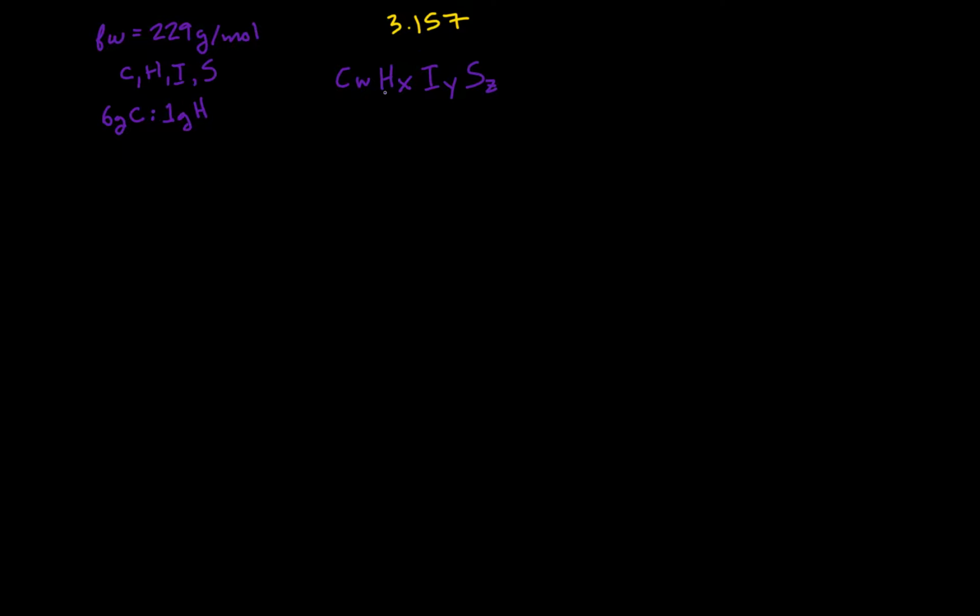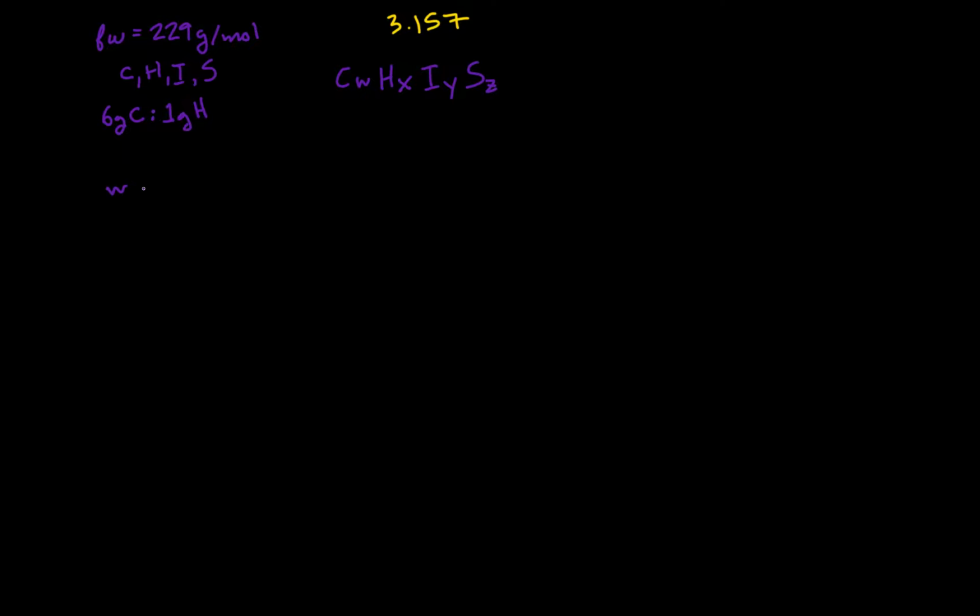This is equal to saying that W times the formula weight of carbon, plus X times the formula weight of hydrogen, and so on for the rest, is going to be equal to the formula weight of the whole molecule. That's what this means. So we're going to write that out in full form so you can see exactly what I mean.